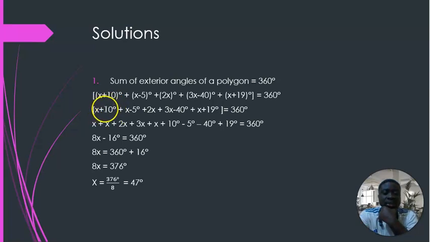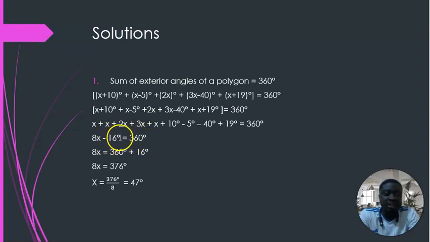The sign here is positive, so 10, then minus 5 degrees is here, then the sign here is minus, so minus 40 degrees, and the sign here is plus, so plus 19 is equal to 360 degrees. Now when you add all this, you get 8x. Then when you take 5 from 10, you get 5, then 5 minus 40, then plus 19, you get negative 16 degrees is equal to 360 degrees.